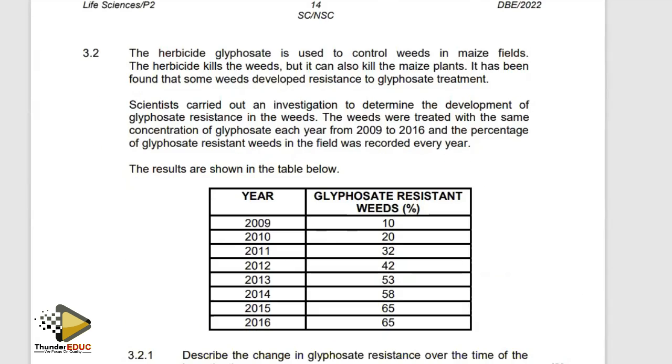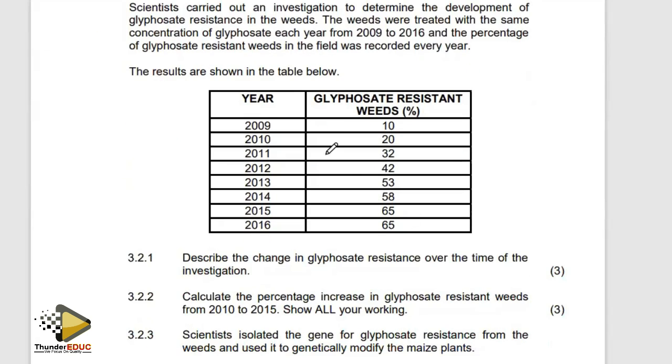Okay. Results as follows. You see that glyphosate resistance, as the year goes on, the resistance increases, but in 2015 and 2016 the resistance became constant. So now I'm saying describe the change in the glyphosate resistance over a period of years. It means that here, whenever they ask you to describe, you tell us what is happening, because if you draw this on the graph, not a bar graph, just a normal graph, you will see that it will be continuing, and then it forms something like this.